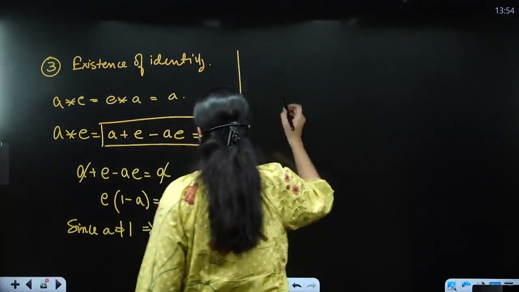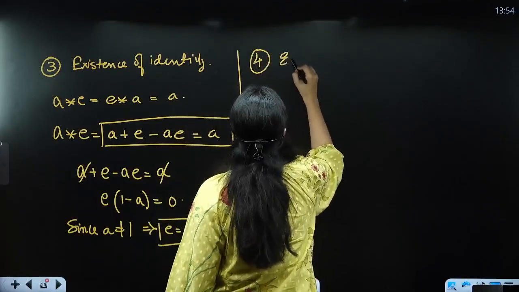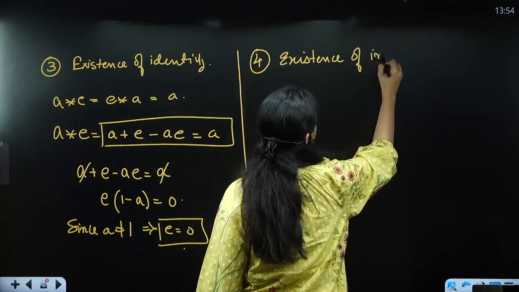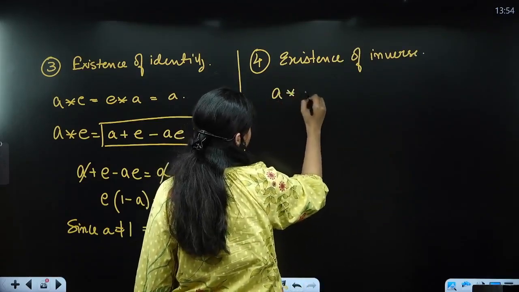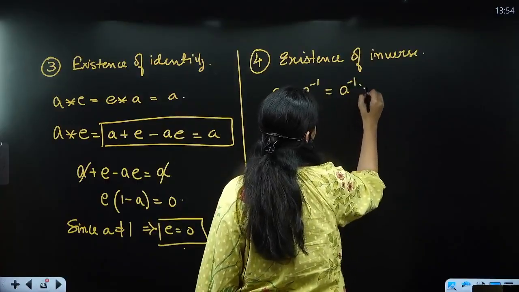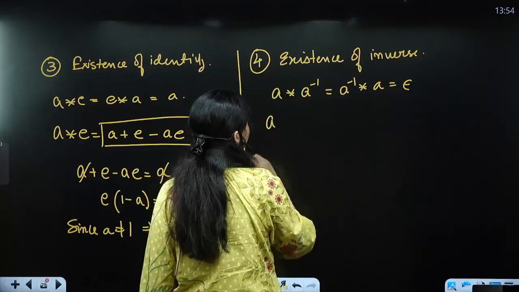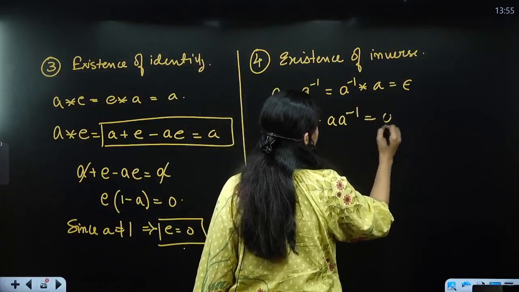चलो, let's see existence of inverse. Now we need A operation A inverse equals A inverse operation A equals the identity, so A plus A inverse minus A A inverse equals 0.